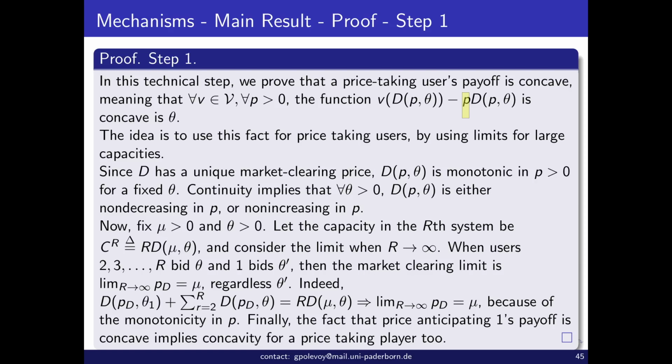We know it for price anticipating. And now we are going to use limits to show it for price taking. It's a typo here. We know it for price anticipating. Let me fix the typo.